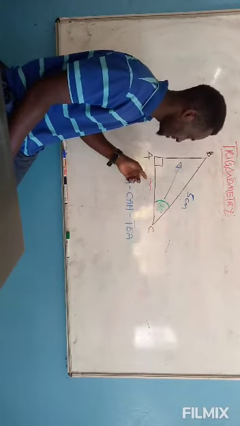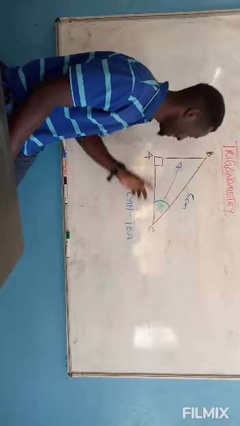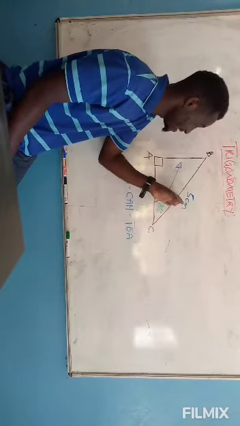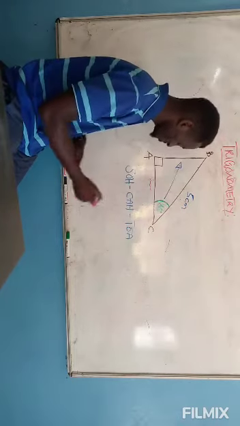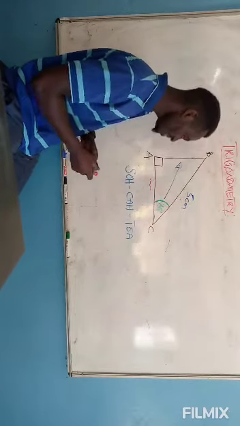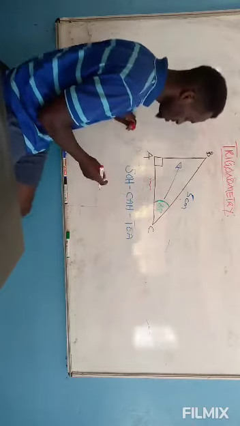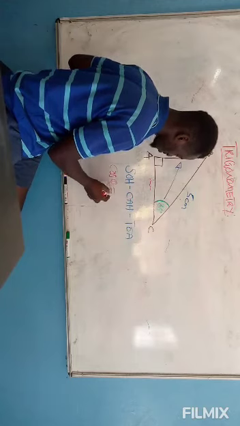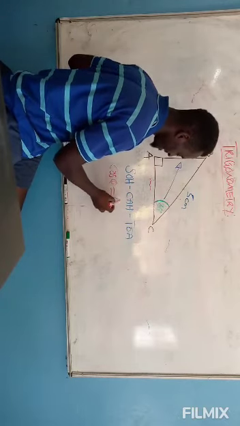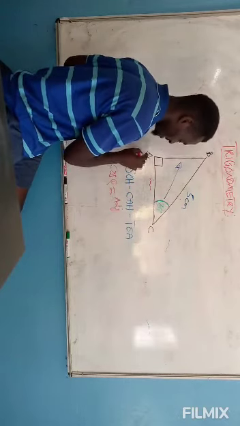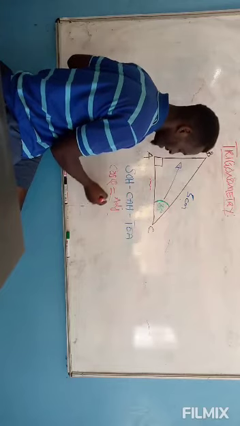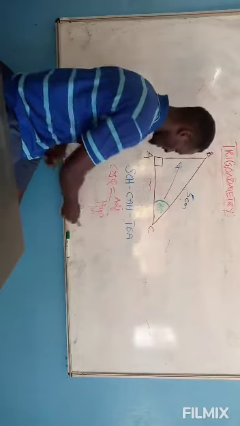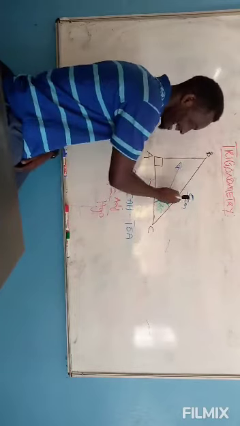Here we've been asked to find AC, and I have been given the hypotenuse side. So when I go to my SOH-CAH-TOA, I'll see that I can use cos. I'll say cos theta is equal to the adjacent side, which is side AC, over hypotenuse, which is the side that we've been given.